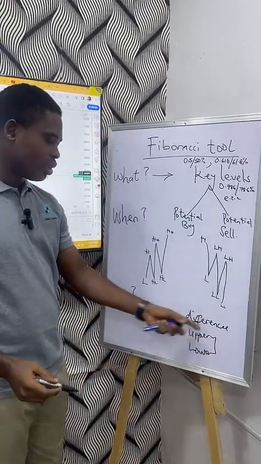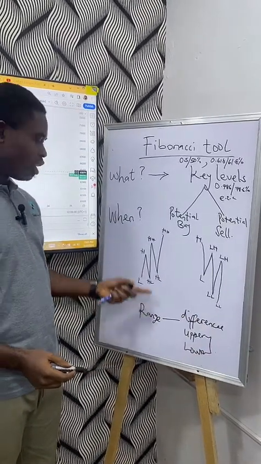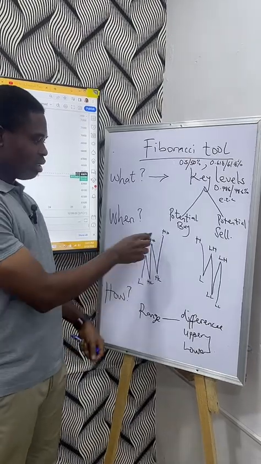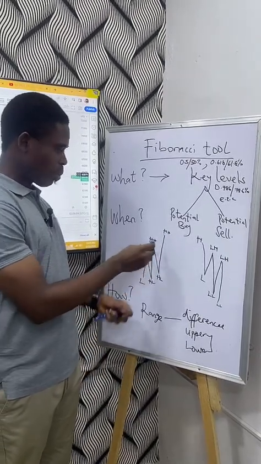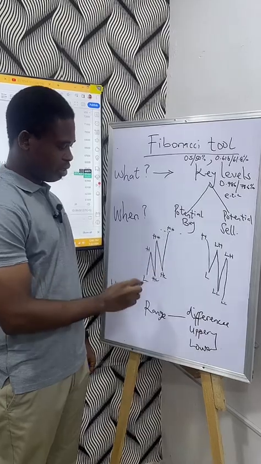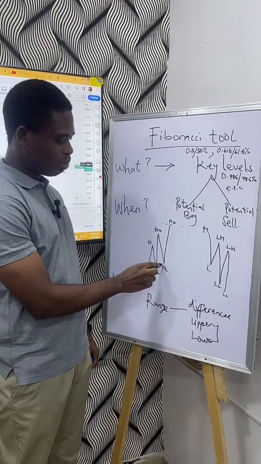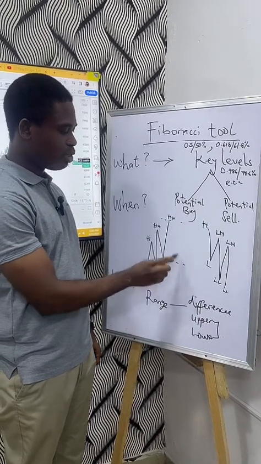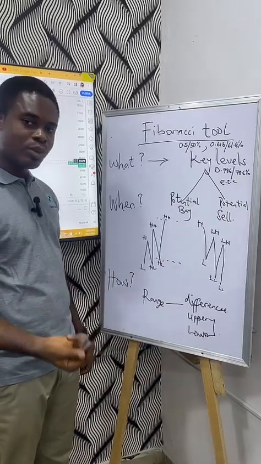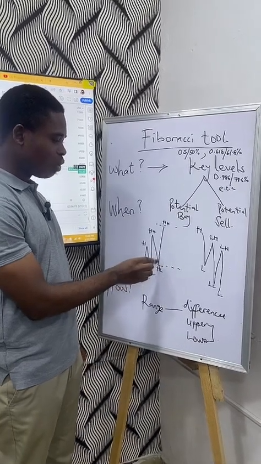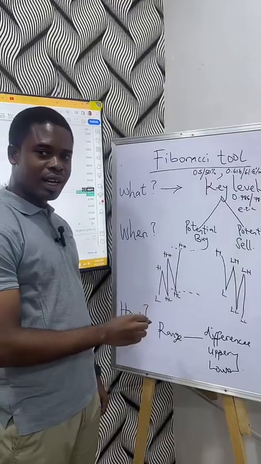So in an uptrending market, the last higher high is the upper boundary, while the last higher low is the lower boundary. That's the range. So you draw your Fibonacci tool from the last higher low to the last higher high.